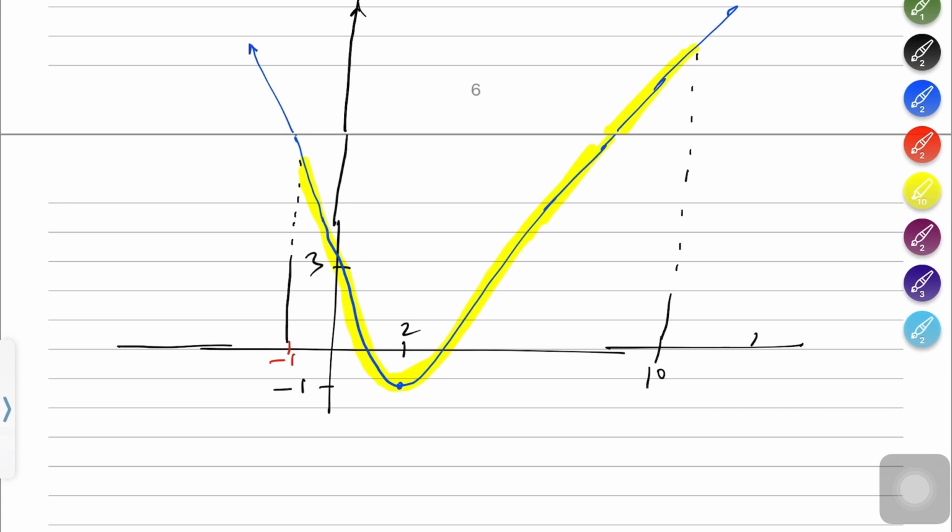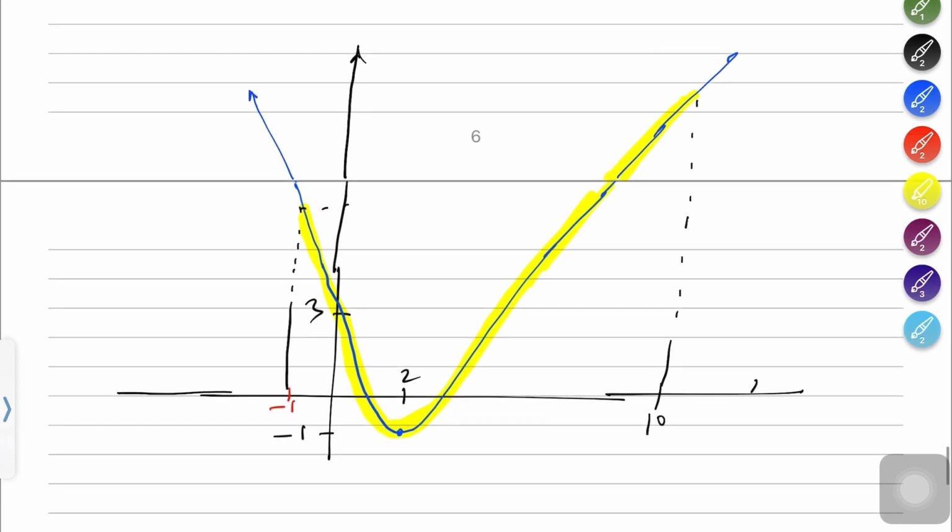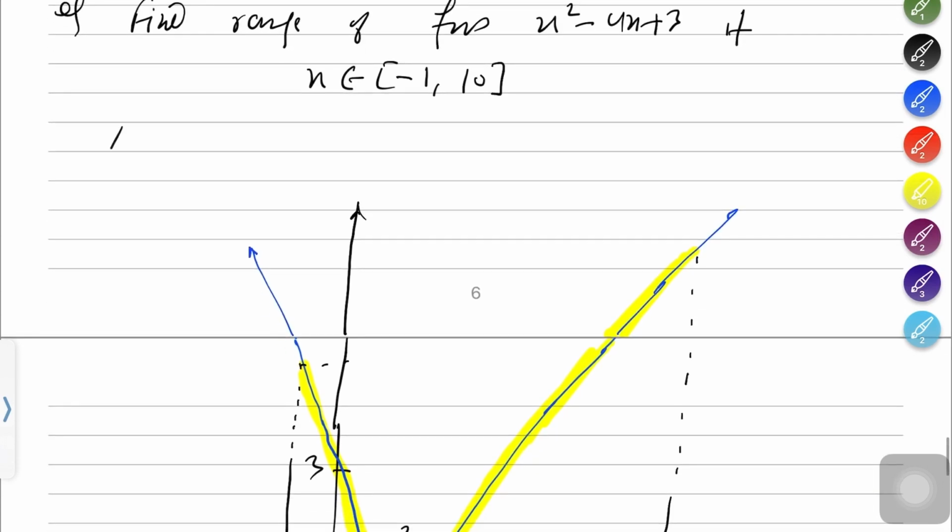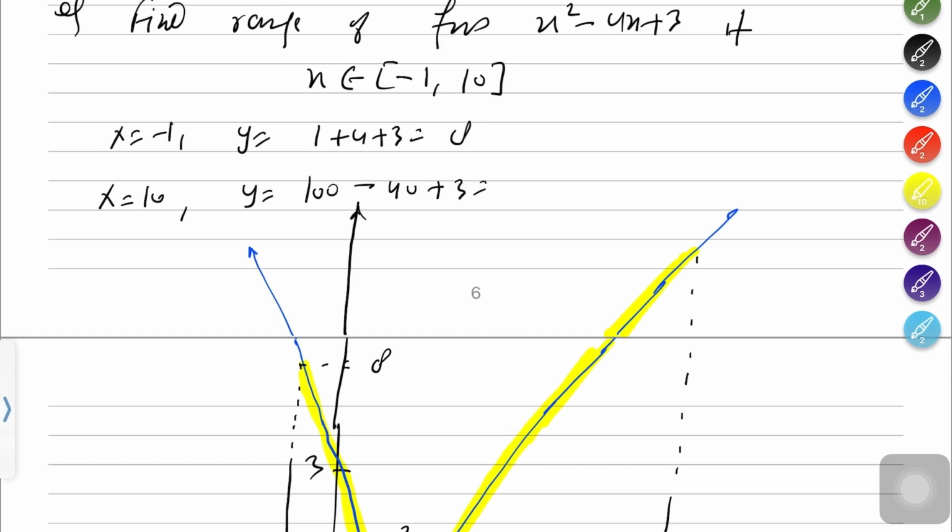So obviously if I ask what the minimum value is, before that, what is the value here? When x is equal to minus 1, the value of y is 1 plus 4 plus 3, that is 8. So this is the value 8. And if x is equal to 10, the value is 100 minus 40 plus 3, that is 63.